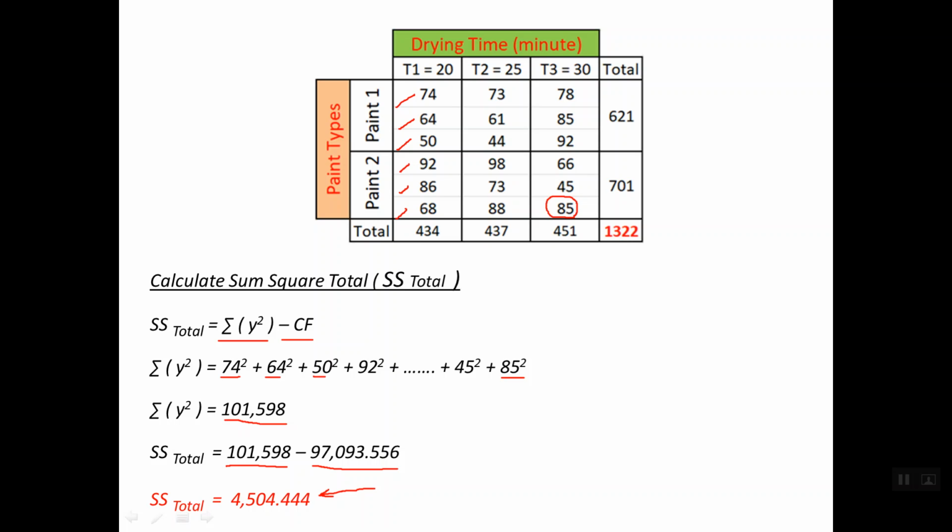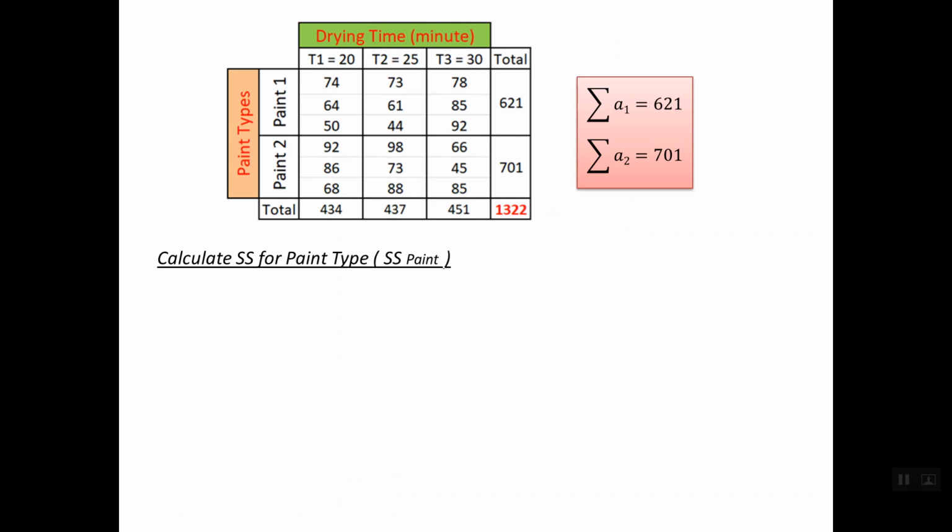Now we need to calculate the SS for each of the two factors. Let's start with the first factor, which is the paint type.